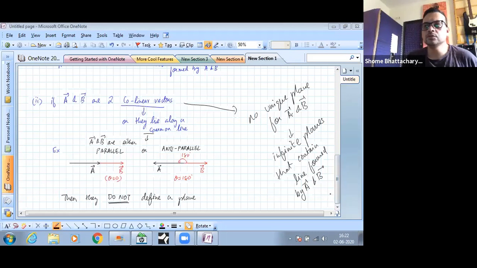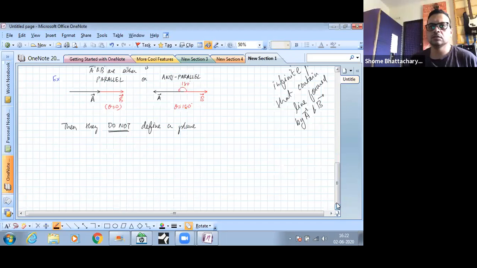Okay, so hope you understood the difference between laminar and non-laminar, or collinear and non-collinear vectors. Okay. So now let us come back to the definition of A cross B.